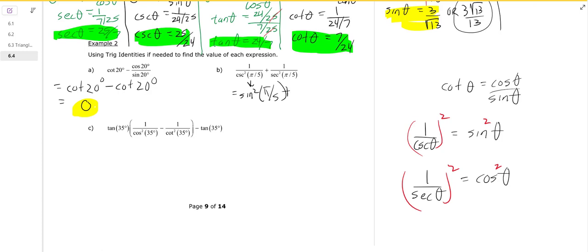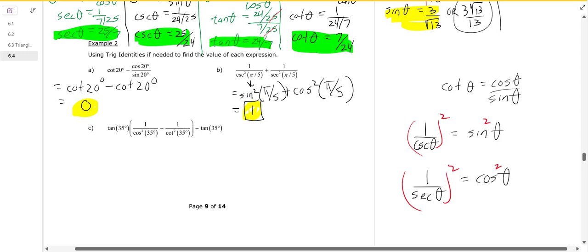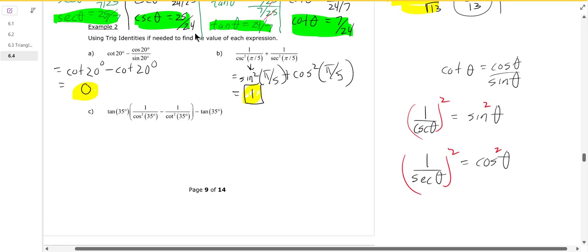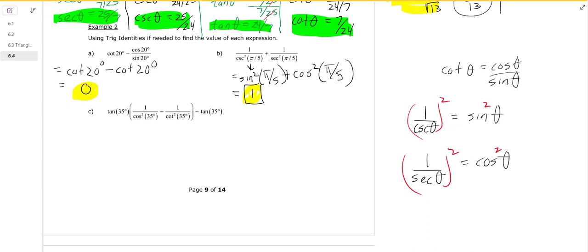And then 1 over secant squared is going to be the cosine squared of pi over 5. Again, those angles are the same, and we know that sine squared theta plus cosine squared theta is equal to 1. So that's just a rearrangement of the identities.